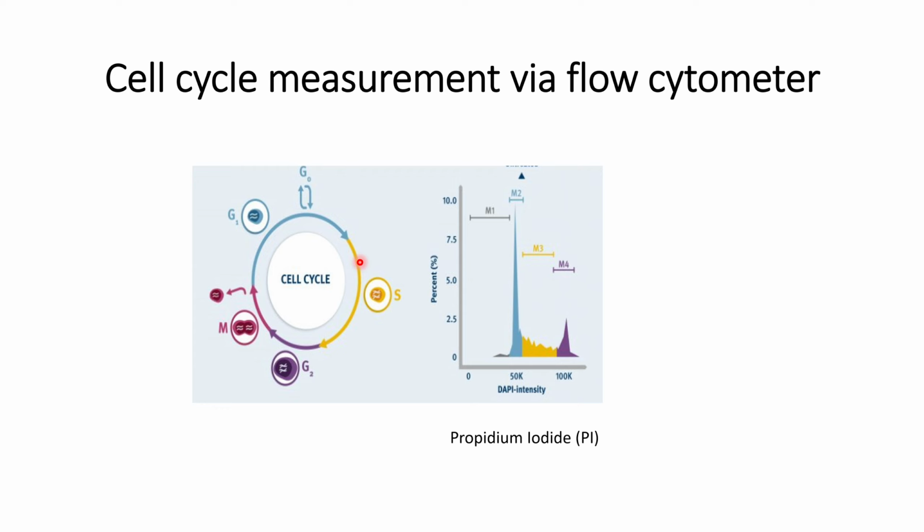At the start of S phase, the copying of the DNA begins, and by the end of the S phase, it reaches a condition where it has almost two copies of DNA.